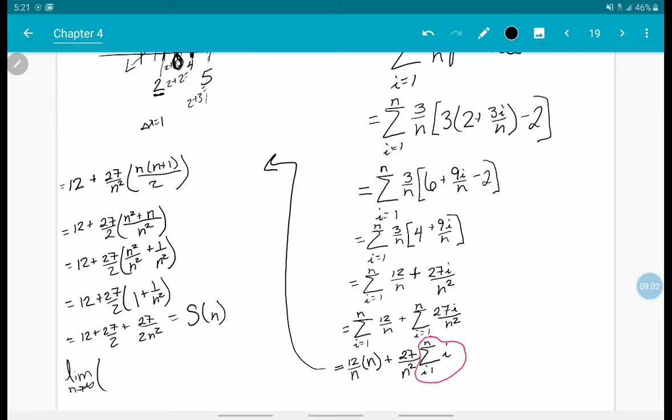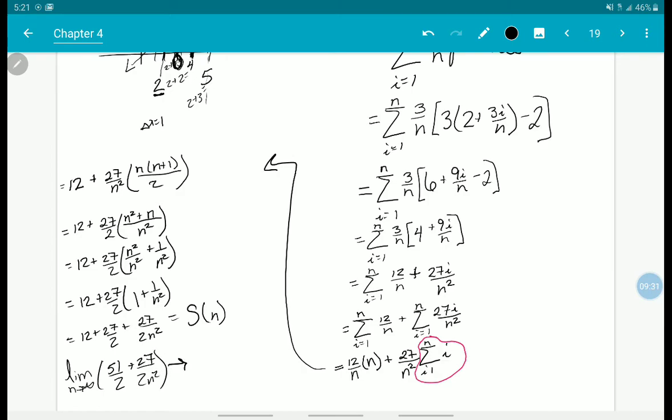If we take 12 and we add 27 over 2, we get 51 over 2, plus 27 over 2n.